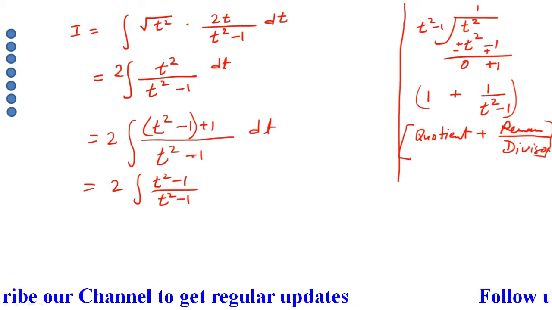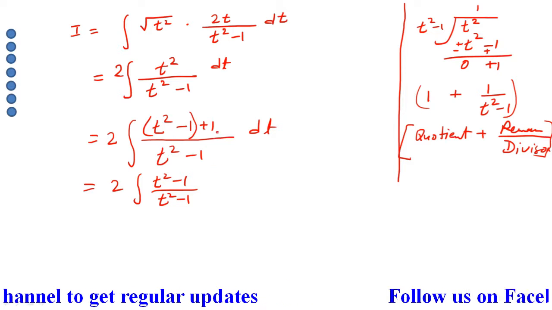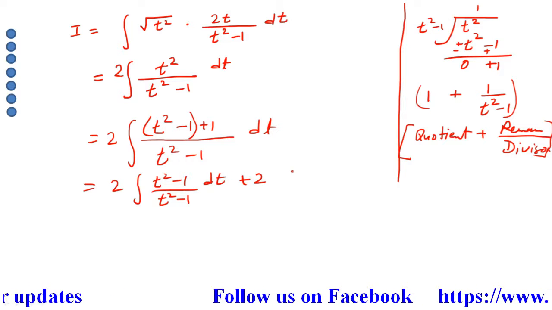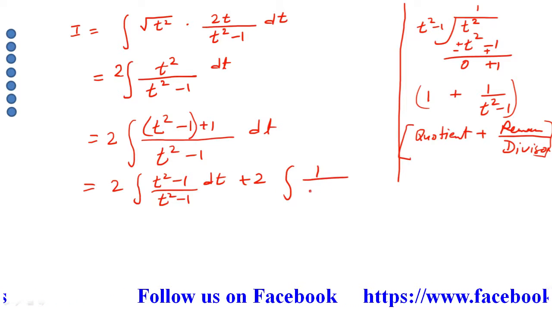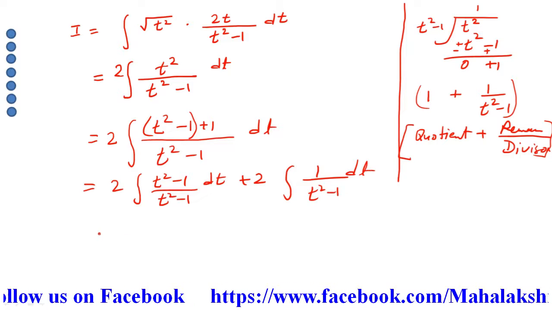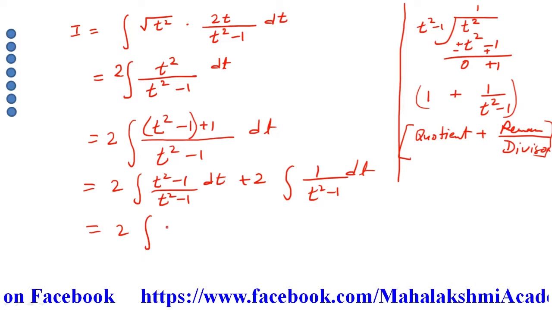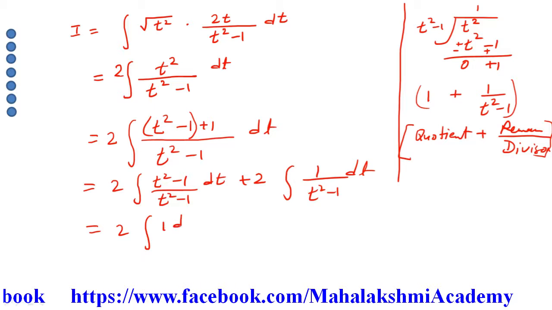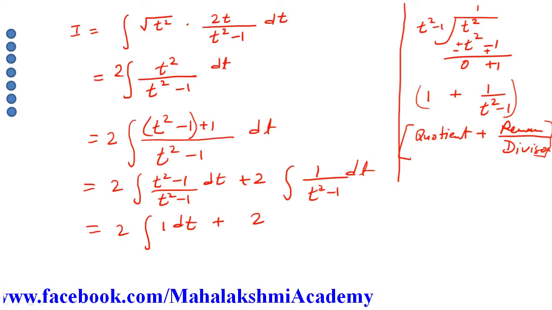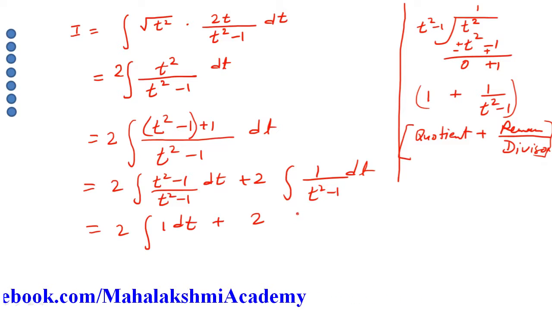Then just assume it as first term and this one as second term. Now the denominator, distribute it to the first term as well as to the second term. Then separate the integration symbol also. So it is going to be integration of t square minus 1 upon t square minus 1 dt. When you simplify, you will get integration of 1 dt plus integration of 1 upon t square minus 1, which we cannot simplify. I am going to use a direct formula.